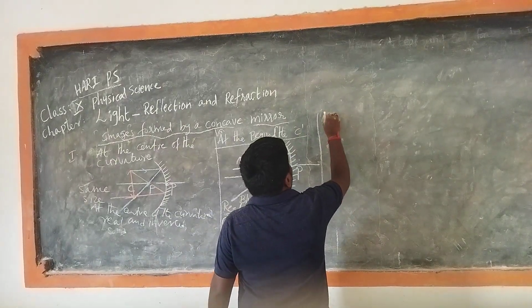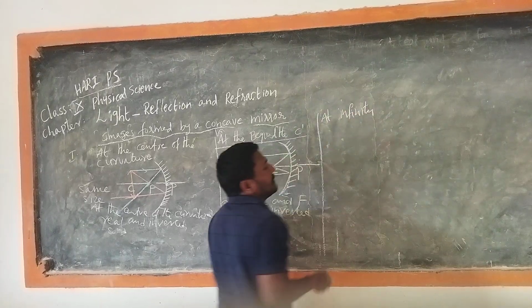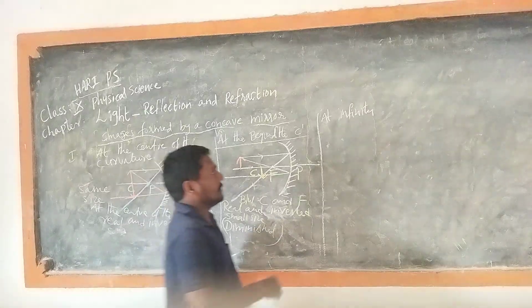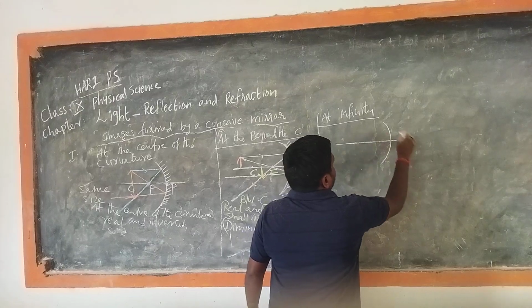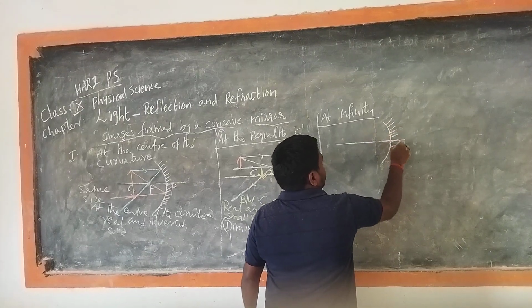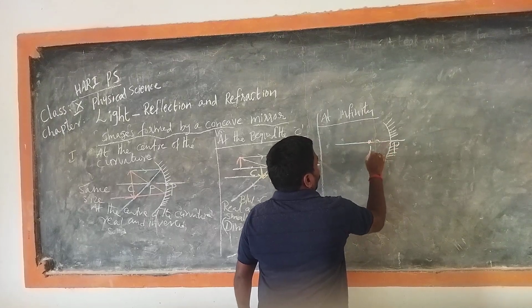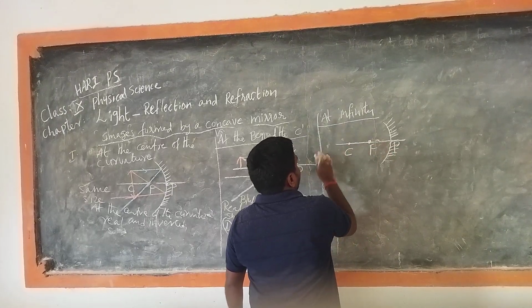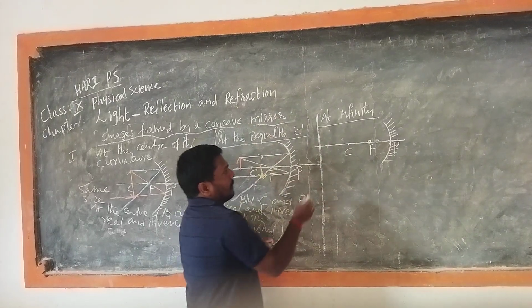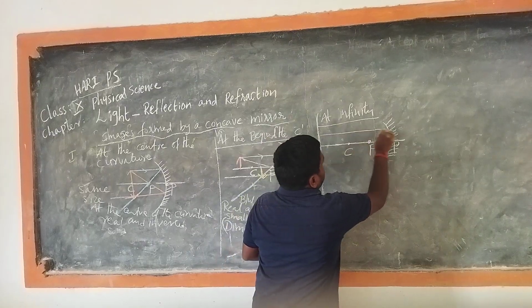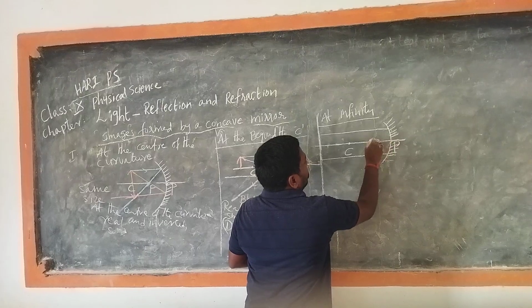Then if the object is placed at infinity, concave mirror as usual: pole, focus, center of curvature. The object is at infinity somewhere. We have taken all parallel rays. What will happen after the reflection?